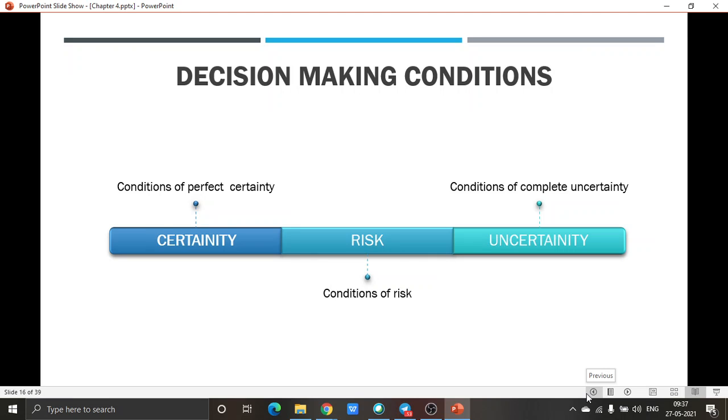Having said this, there can be another situation which can be termed as ambiguity. Ambiguity means that the goals to be achieved or the problem to be solved shall be unclear.